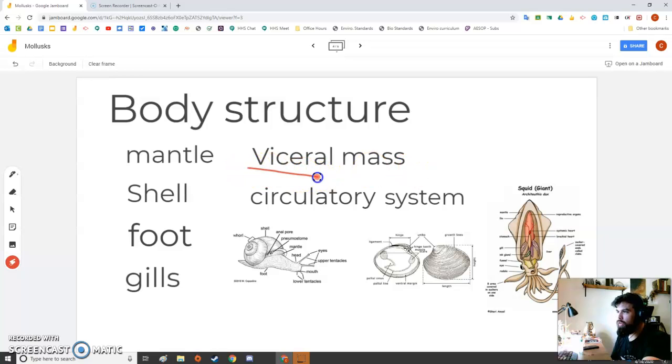Well, visceral means basically having to do with organs. So we've got a mass of organs. A visceral mass is you can think of it as a pouch that this animal has that helps keep all of its organs contained and separated from the rest of its body. So a visceral mass is a group of tissues which protects the organs.